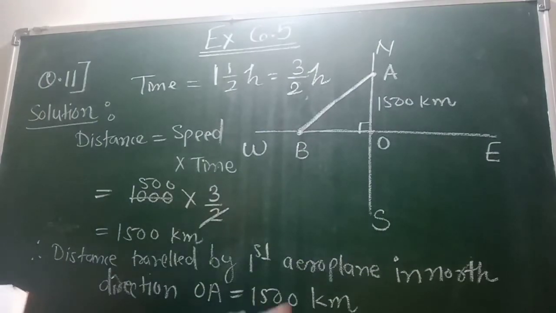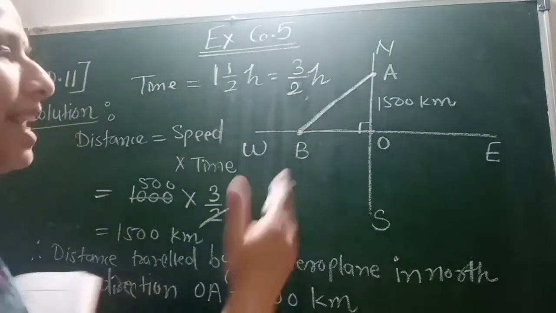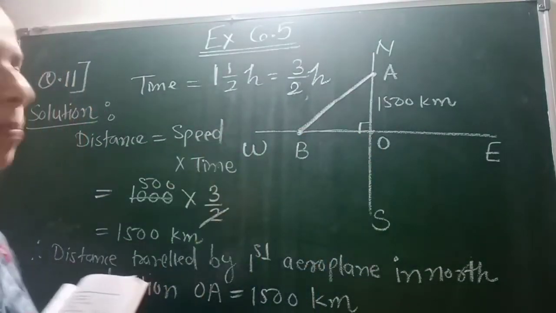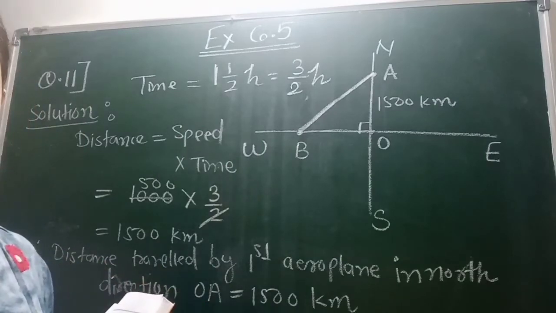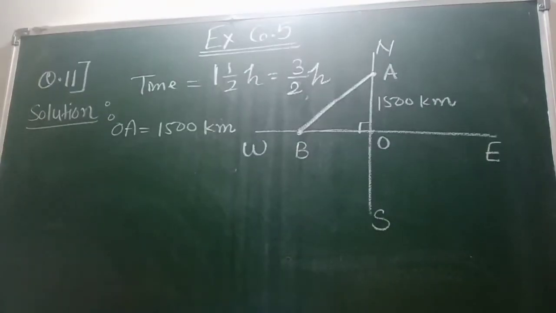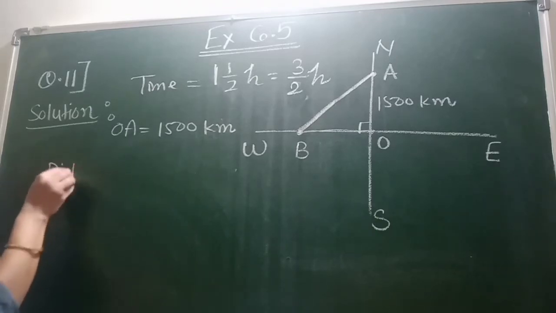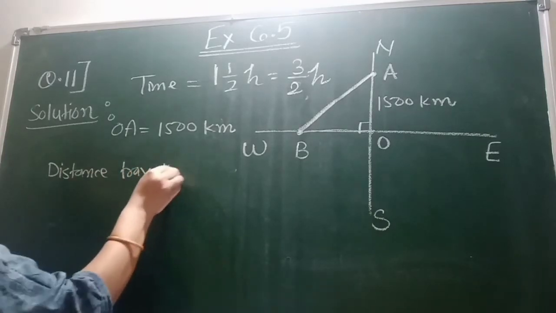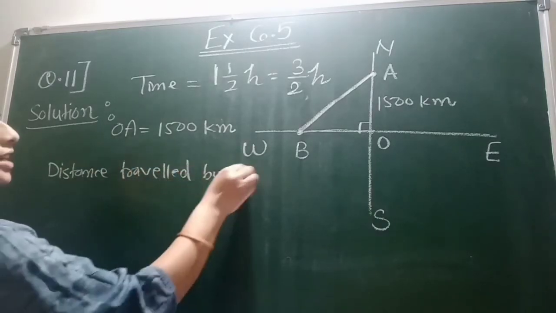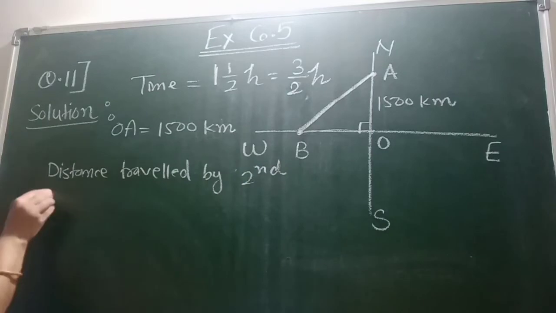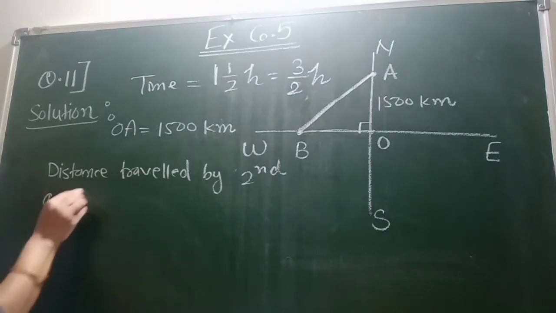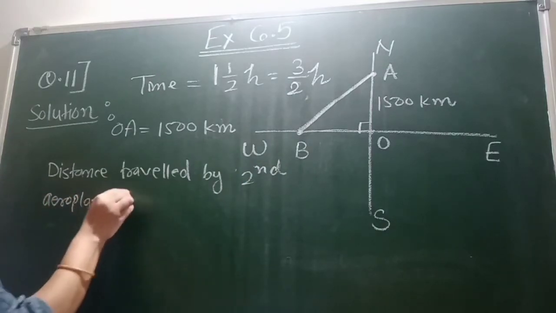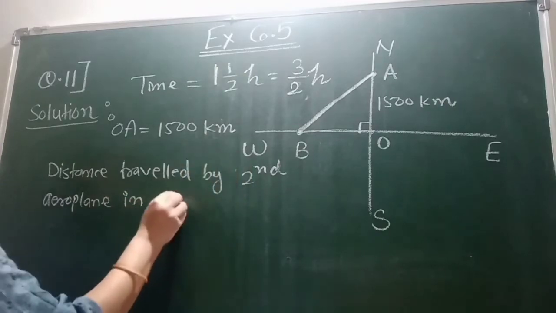Similarly, we will find the distance travelled by the second aeroplane in the west direction.